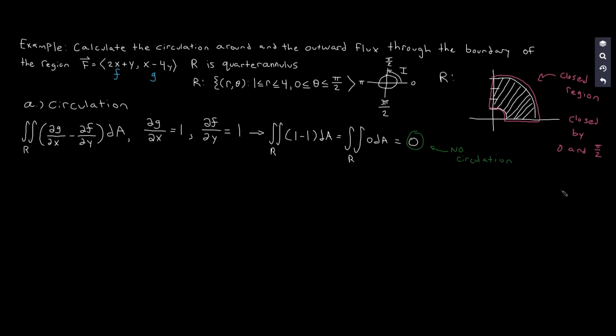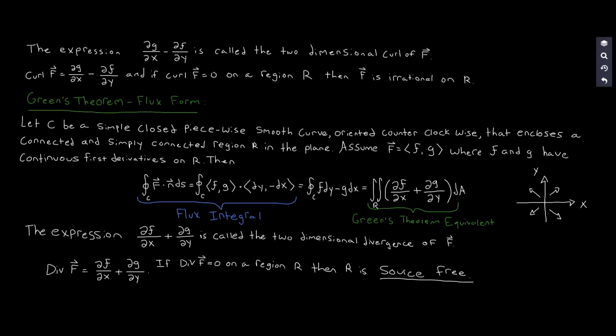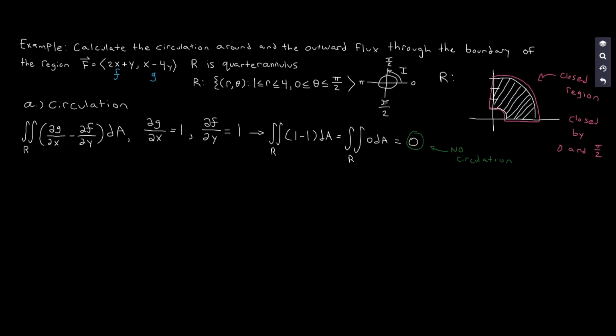Well, for that, we shall use Green's theorem in flux form. Here it is, Green's theorem in flux form. Beautiful. We are going to grab that. Now we must ask ourselves, what is the partial derivative of f with respect to x? Here's f.